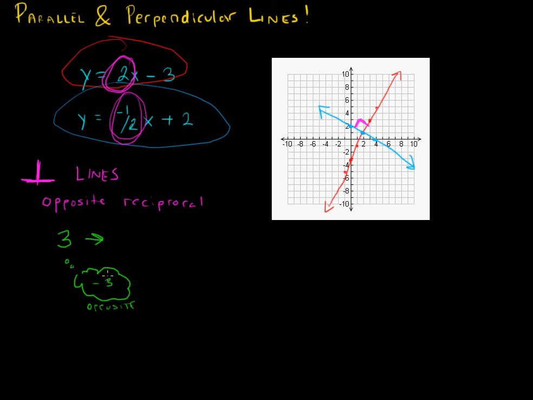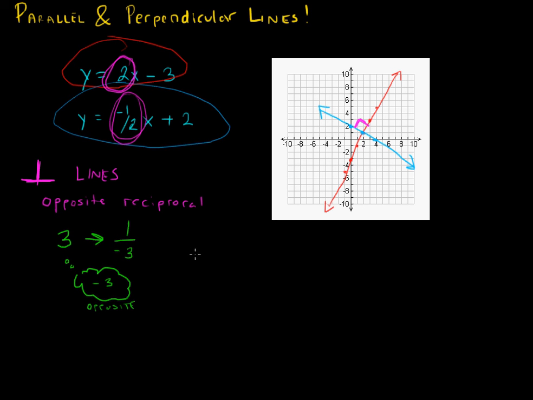If you remember, a reciprocal is a number I multiply negative 3 by to get 1. That would be negative 1/3. If you don't remember, the easy way is to flip negative 3 upside down. Negative 3 over 1 gets flipped to 1 over negative 3. So that's the opposite reciprocal of 3.